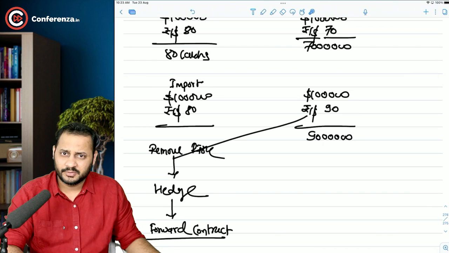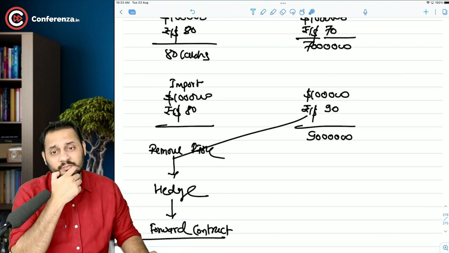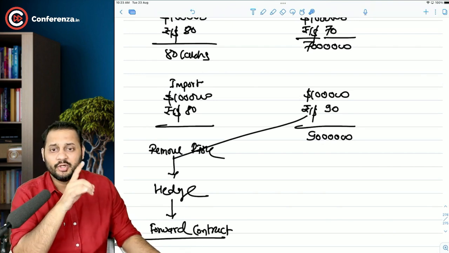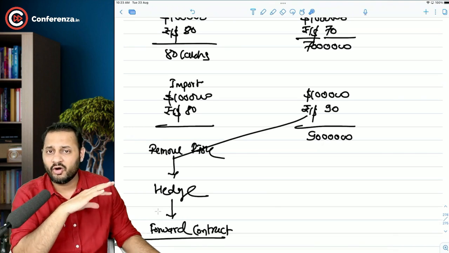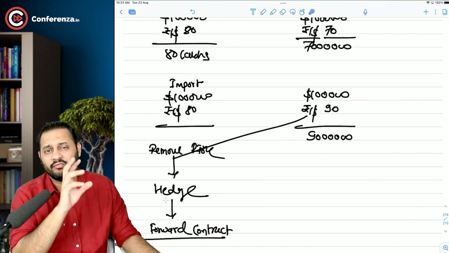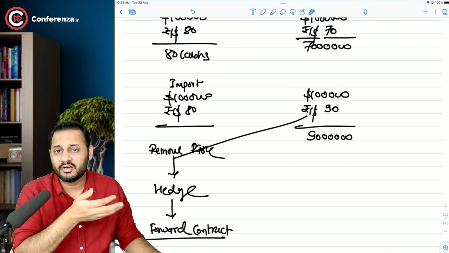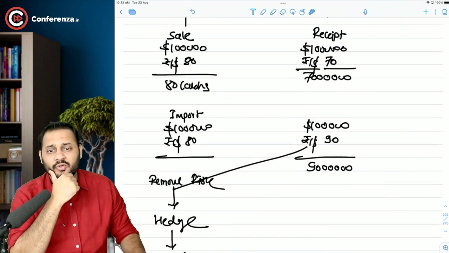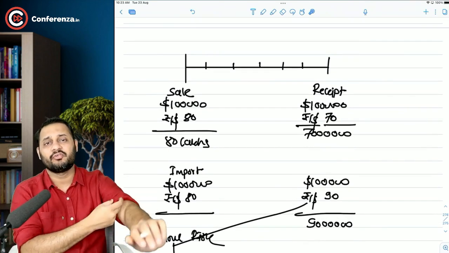Let's say for example that you have a policy in the company that whatever the transactions are done in foreign currencies today, you will immediately enter into a forward contract and hedge all the transactions. Now what will be a good side for that is you are avoiding the risk of fluctuating exchange rate. But you are also eliminating the possibility of exchange rate going in your favor.